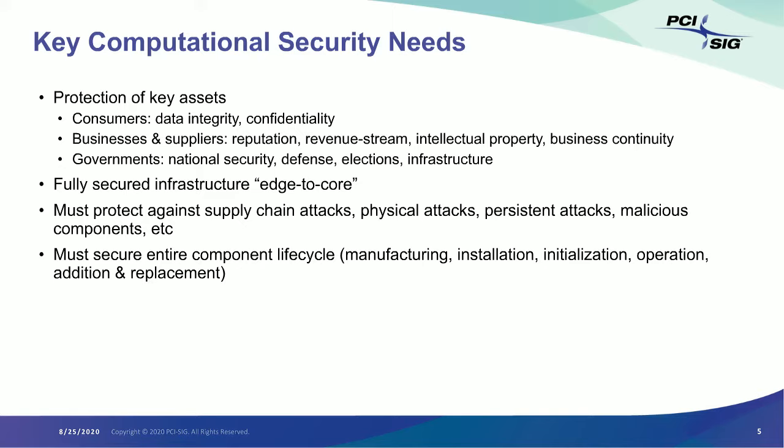And so when we talk about computational security, we need to frame these kinds of problems as being holistic in nature. It's the classic, a chain is only as strong as its weakest link kind of thing. So what we're talking about here is a situation where the infrastructure really needs to be secured, edge to core, as it says here, right?